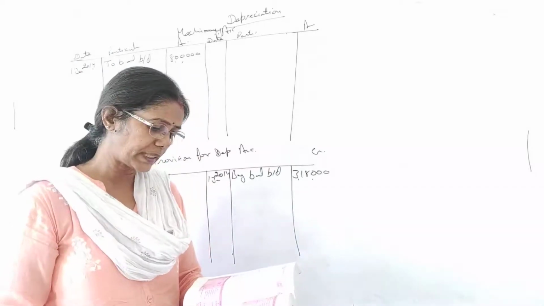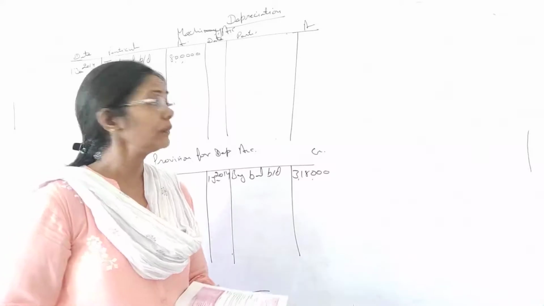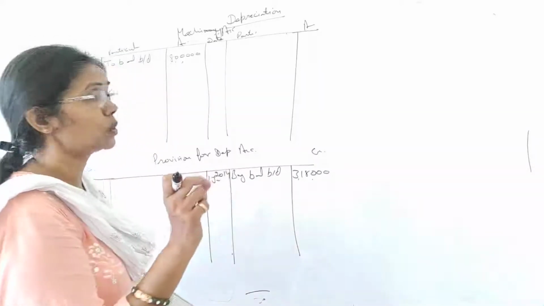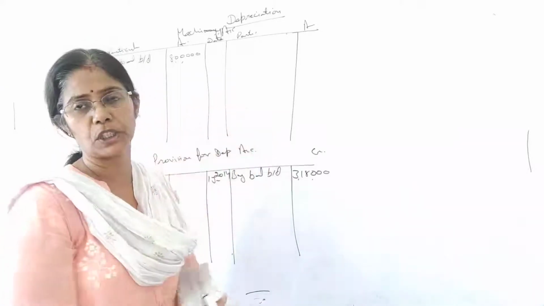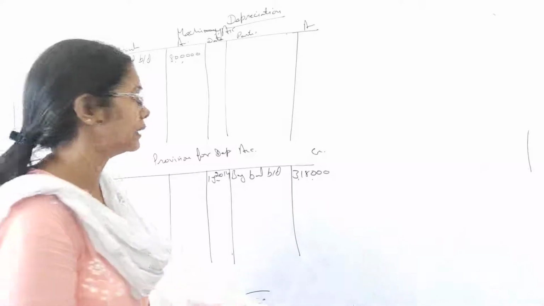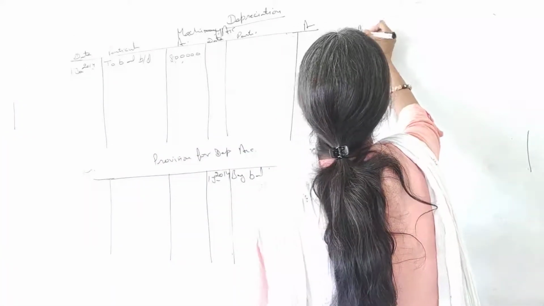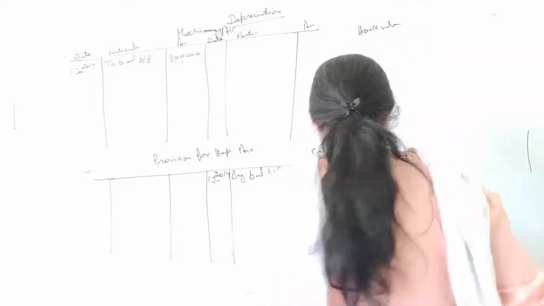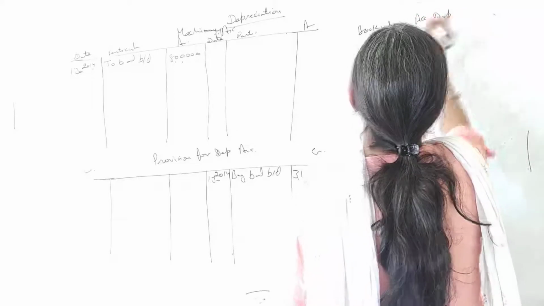Okay, so let's calculate this. 10% depreciation they are charging. So for this we have to prepare one working. We have to find out the depreciation on this part of the machinery which they are selling. Okay, so let's prepare this. So here we can take the book value or the cost you can say, and here we can say the accumulated depreciation on this.